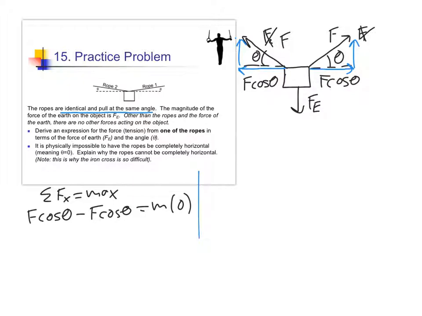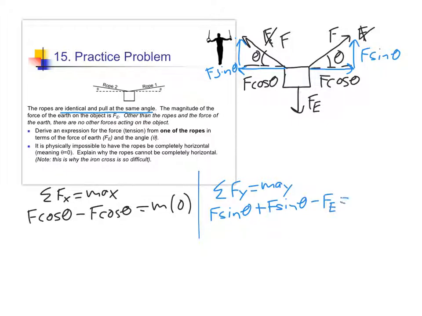In the y direction, we're going to be able to get some more useful information and actually solve for that force. In the y direction, we have the vertical components, F sine of theta and F sine of theta. And so that equation ends up being F sine of theta plus F sine of theta minus Fe, and that's going to be equal to our mass times our y acceleration. But if we're just hanging there, performing this iron cross, not moving at all, our y acceleration is just 0.